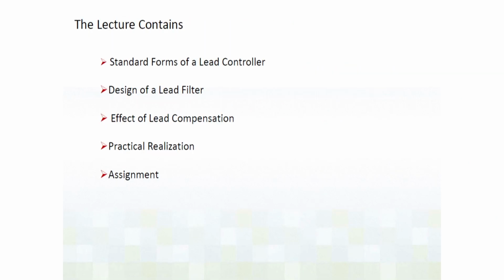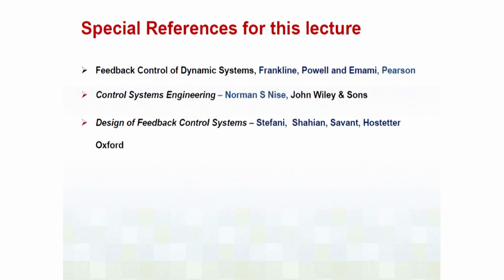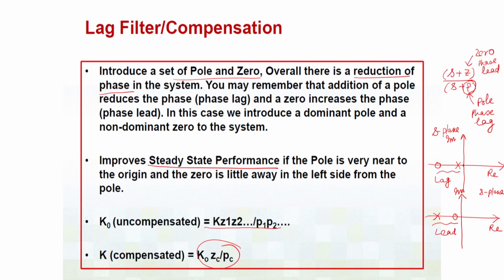So, let us go to the lag controller part, because the steady state performance improvement that we can gain from the lag compensator system is something for which you have to provide a unit step input to the system.